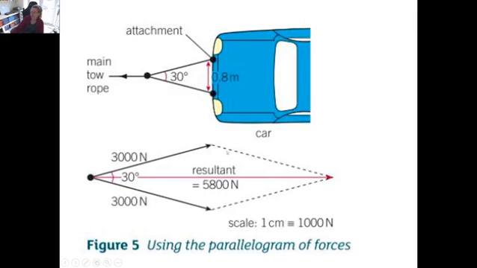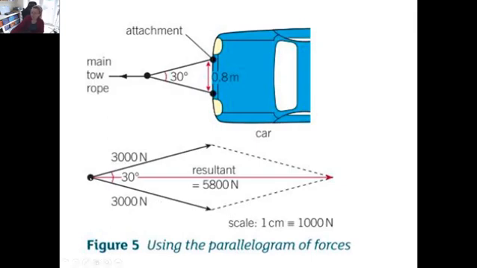If you draw the lines of your parallelogram in and then take your diagonal line from the starting point through to the opposite corner, you should have seen that that comes to a value of 5,800 newtons. And you can see the scale there is 1 centimetre is equal to 1,000 newtons. So you can see how important it is to draw these diagrams accurately.